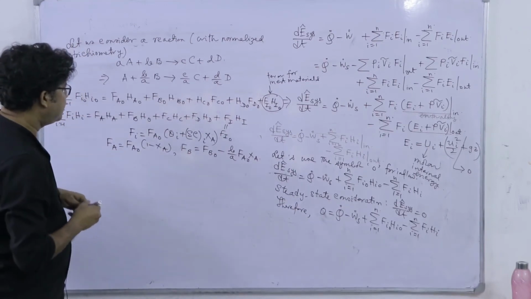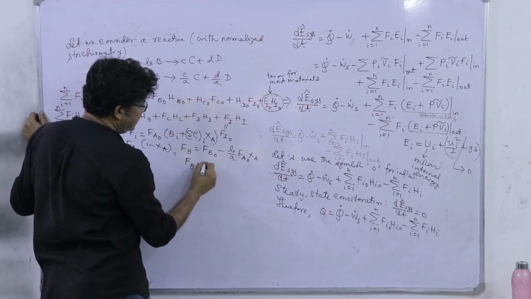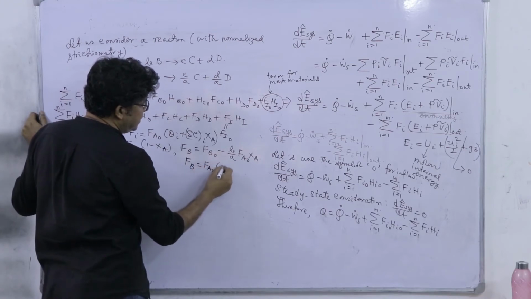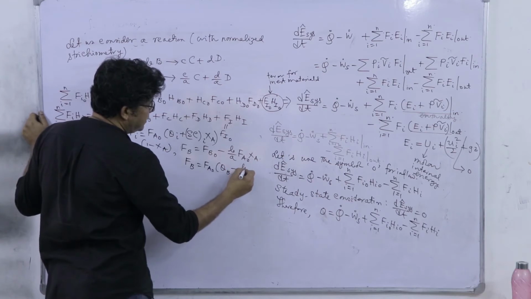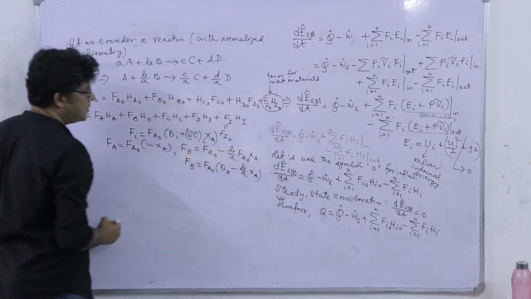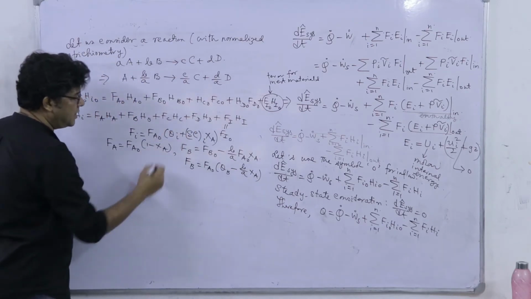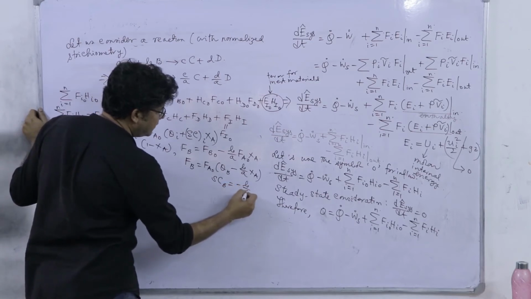So here we can write further that Fb is equal to Fa0 into theta b minus b by a into Xa, right. So the stoichiometric coefficient for B is equal to minus b by a.